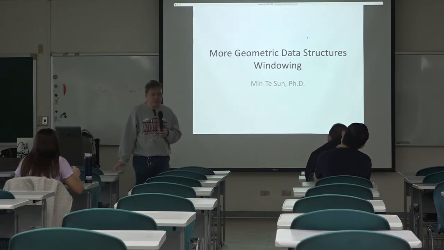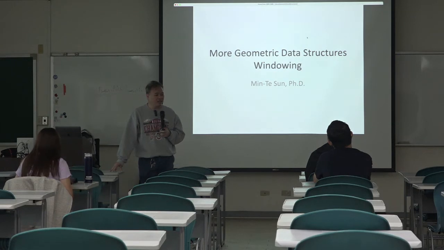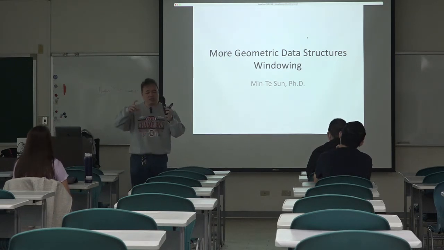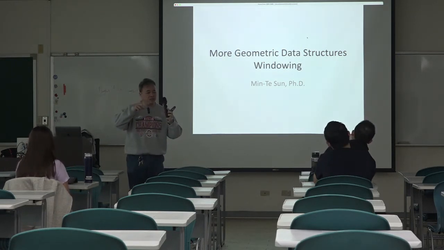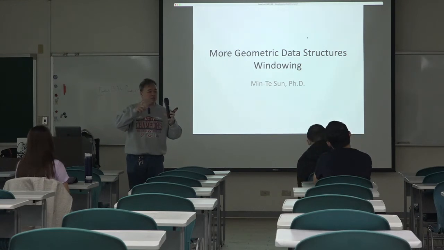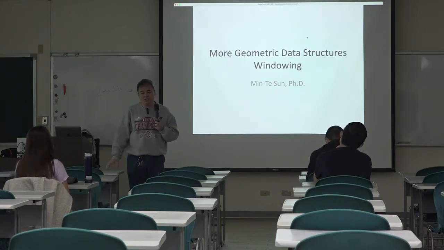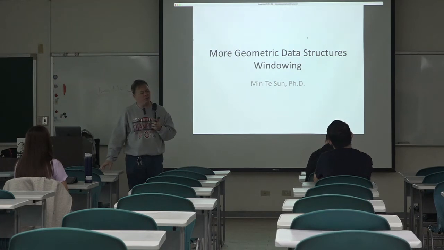Given a set of points, we want to create a data structure so that, given an arbitrary query like a rectangle region, we can answer what points are inside that query region very efficiently.